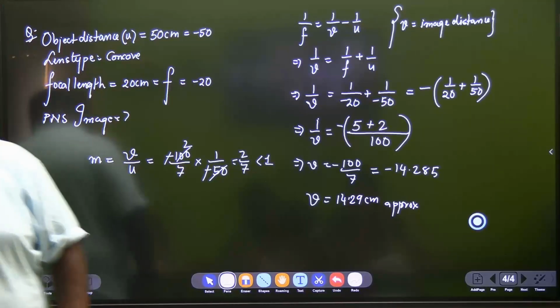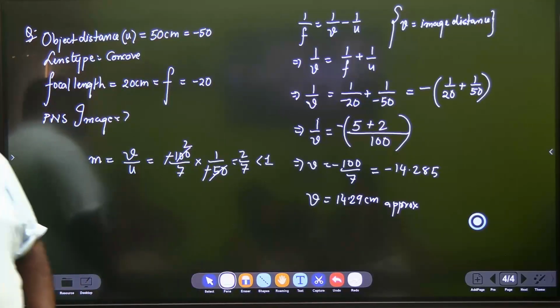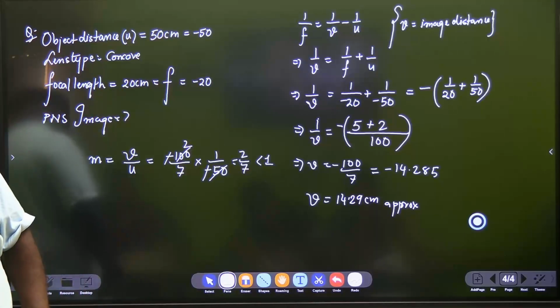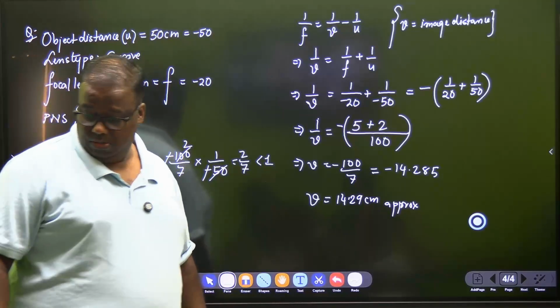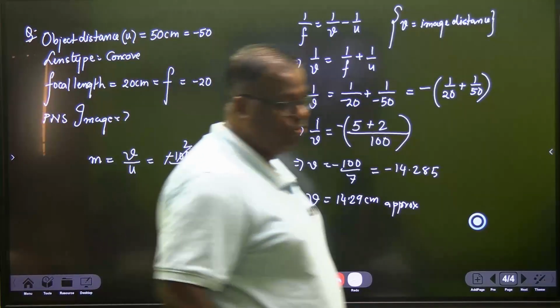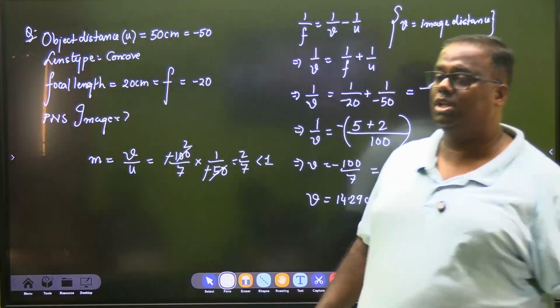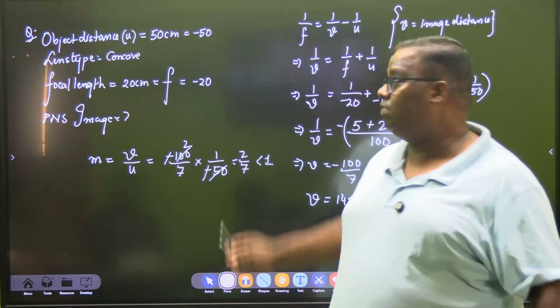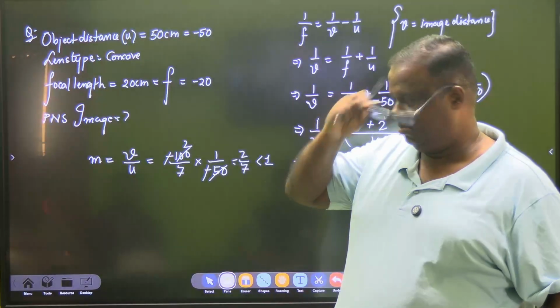Power of a lens done, all done. So if they tell you, without touching a lens, can you find out whether it is convex or concave? A convex will always give a magnified view.